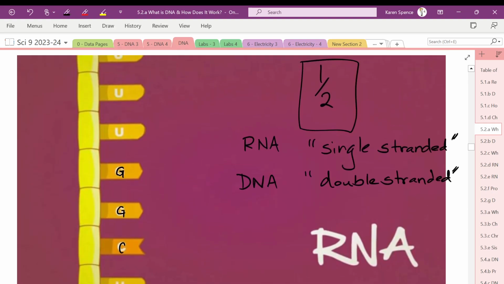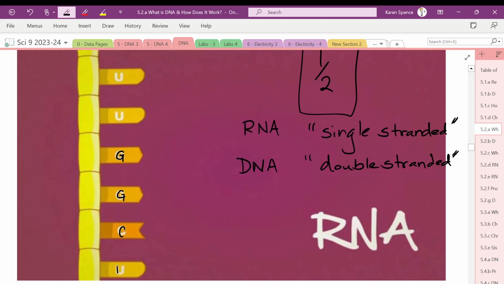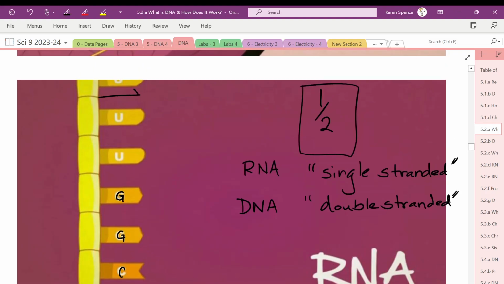And unfortunately, we don't have any A's here, but there could be an A. I'm going to pretend that this one up here is an A, even though I can tell that it's not. RNA has U instead of T. We'll talk more about that when we get more into depth in RNA.